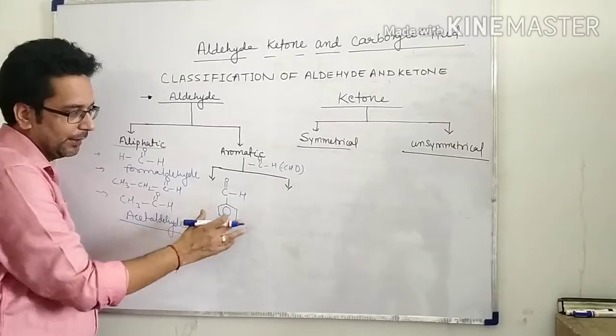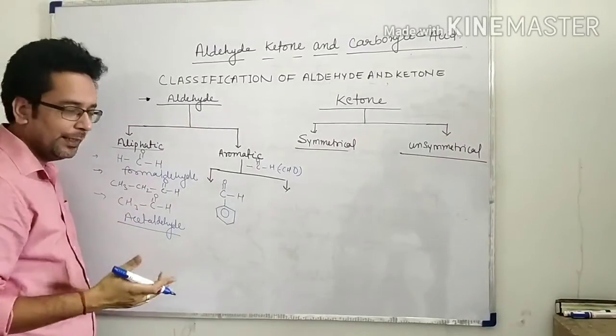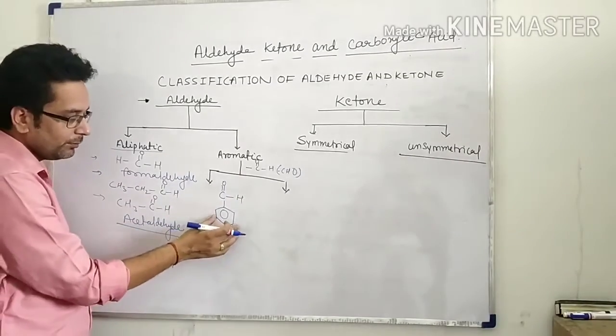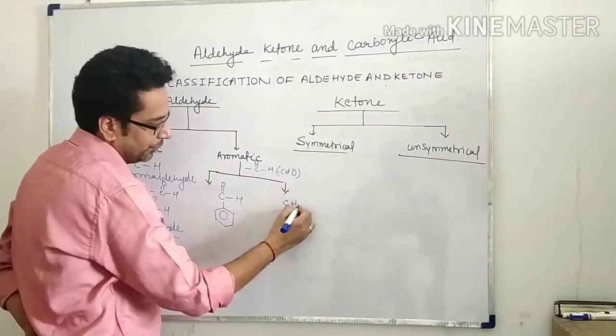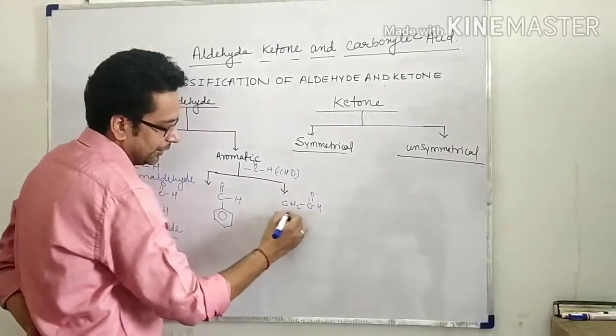Now the second category of aromatic aldehyde is when the CHO group is not directly attached with the benzene ring. Look here, CH2 C double bond O H.